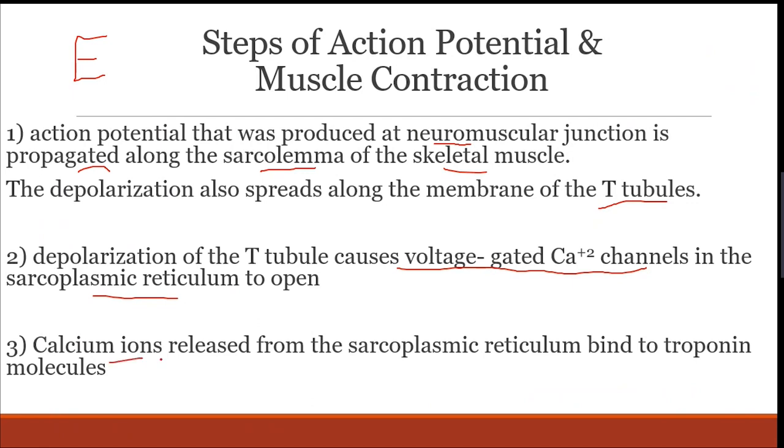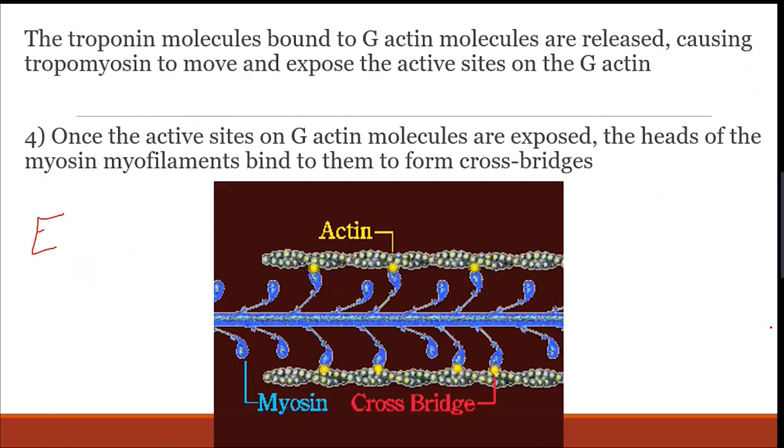That calcium is going to bind to the troponin C of the troponin complex. Now, I told y'all, anytime you see the letter G actin, you can replace it with the letter F. It doesn't matter to me which one you call it. It's the same thing. G is singular, F is plural, doesn't matter.